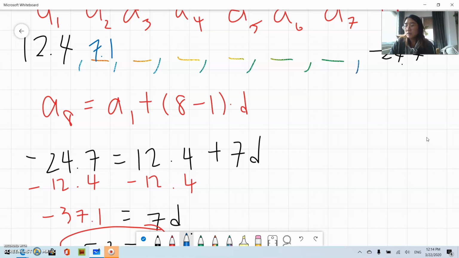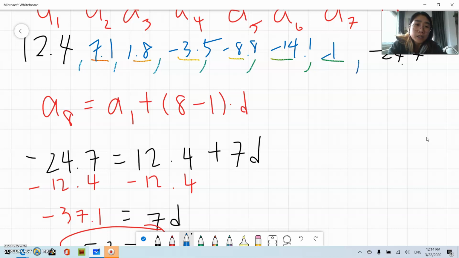And then you keep subtracting 5.3: 1.8, negative 3.5, negative 8.8, negative 14.1, negative 19.4. The last one, if you did it correctly, you should get negative 24.7, and I get that. So that's what an arithmetic mean is. Okay?